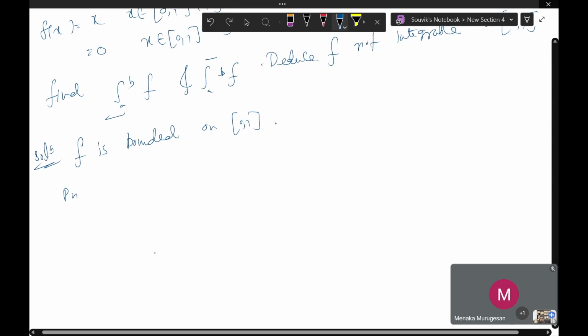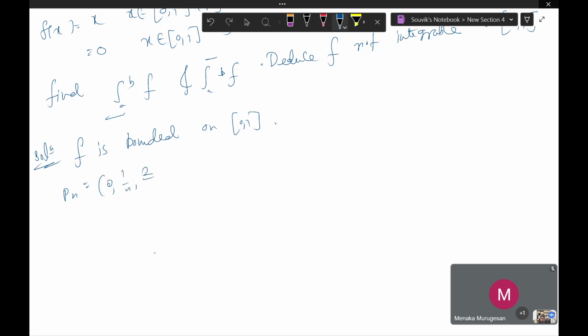So consider the partition Pn equal to 0, 1 by n, 2 by n, up to (n minus 1) by n, n by n, which is 1. So the norm of Pn goes to 0 as n tending to infinity.